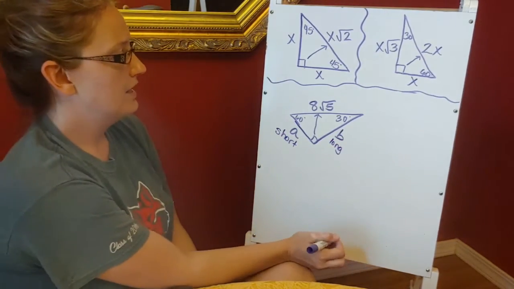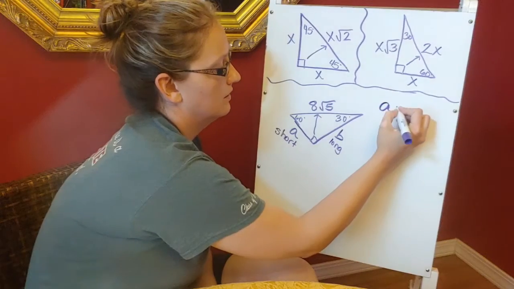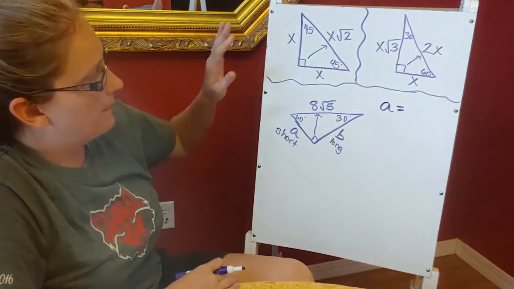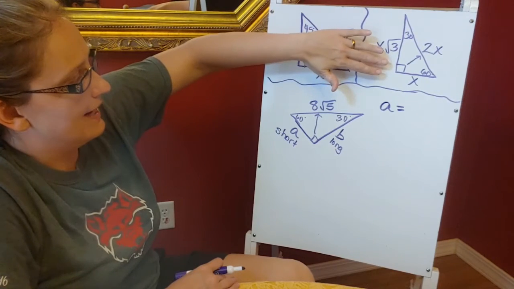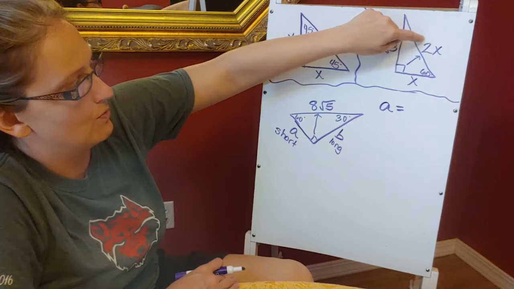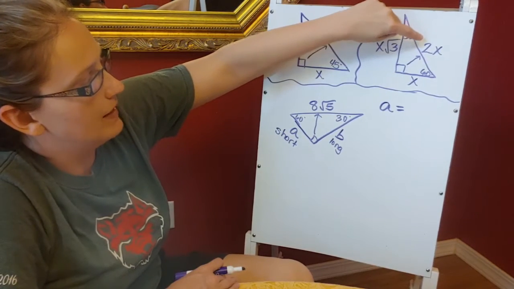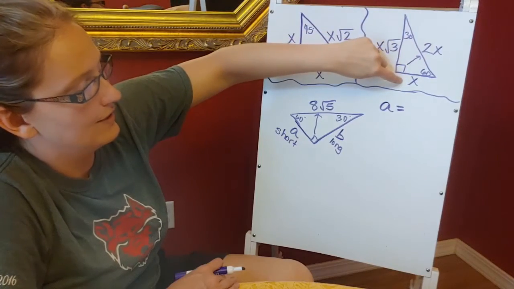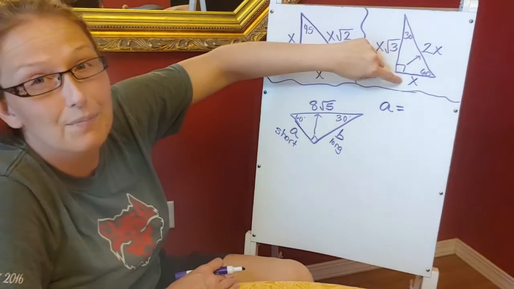Okay, so let's look at my short leg first. In our diagram up here, my short leg, to get to my hypotenuse, we multiply by 2. So it makes sense that if I know what my hypotenuse is and I'm looking for the length of my short leg, I'm going to divide by 2.